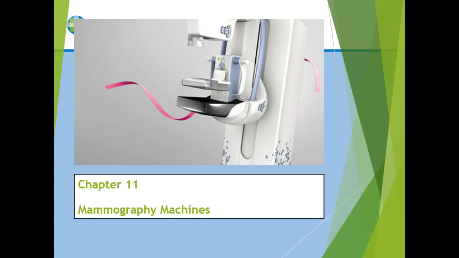Hello, future breast imagers. We're going to leave the patient for a while and talk about the equipment that we're going to be using. So we'll move from the art of positioning into more technical matters and talk about mammography machines. We're going to talk about the various components of the mammography machine and what their purpose and function is.